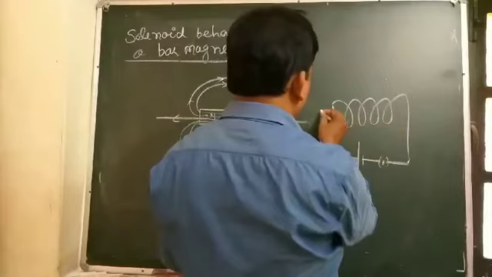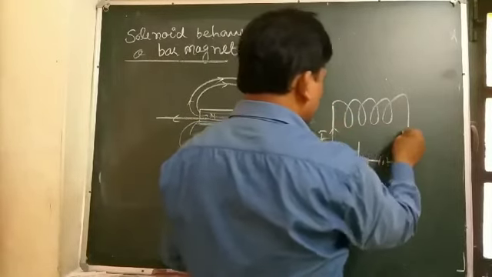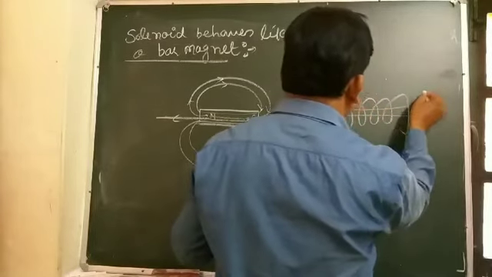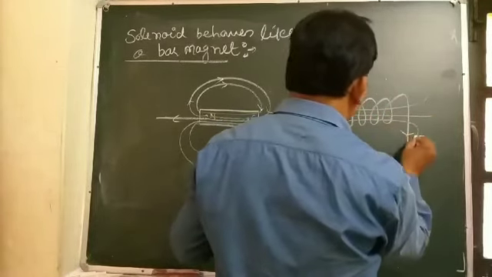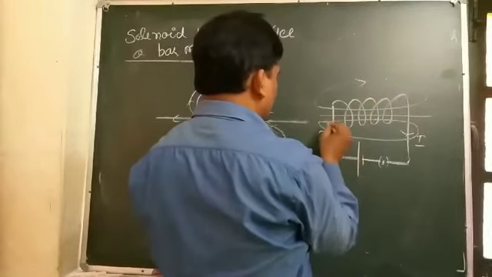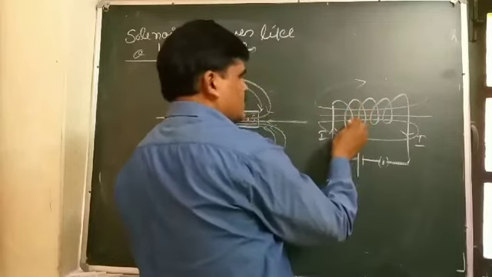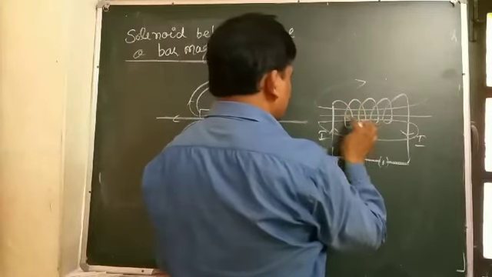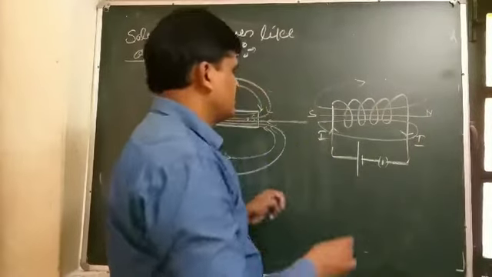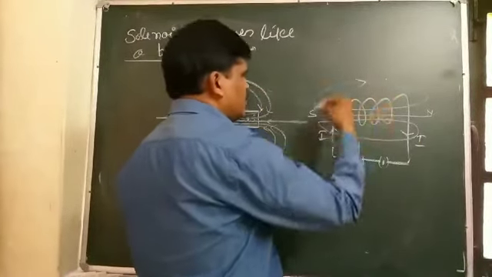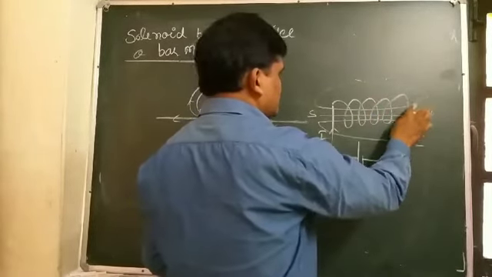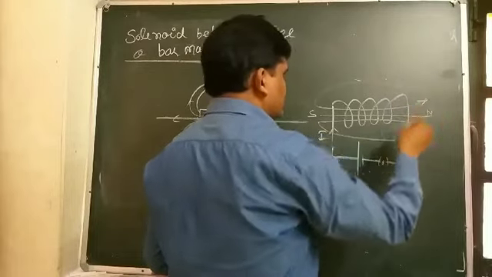The magnetic field due to a current carrying solenoid is also the same as the magnetic field due to a bar magnet. Here is south, and here is north, because of the circular current loop.